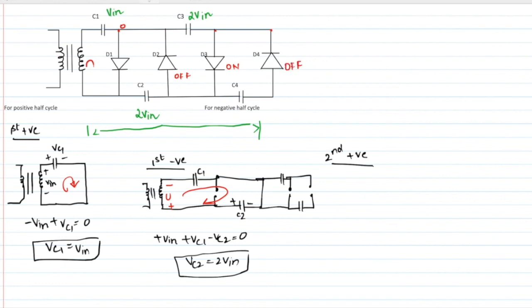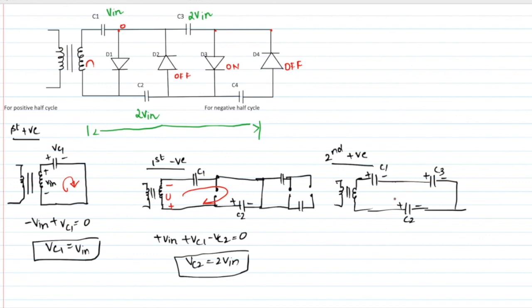If you redraw the circuit, capacitor C1 positive, negative. This is open, that is off, so you don't have to draw. Next is capacitor C2, that is also off, so you don't have to draw. Then capacitor C3, this third one alone is on. So C3, C2, plus minus, plus minus, plus minus.